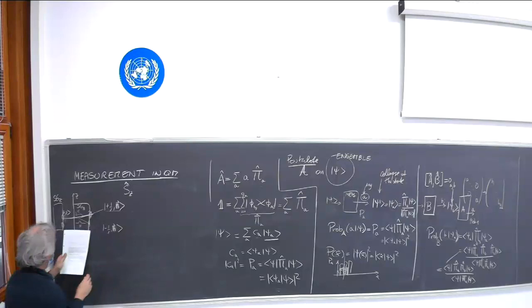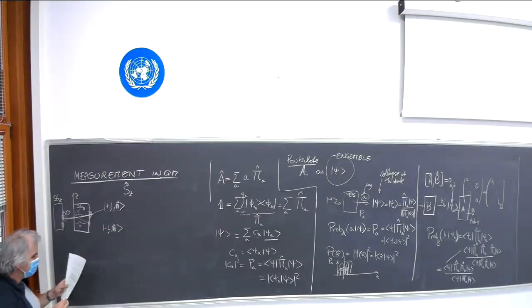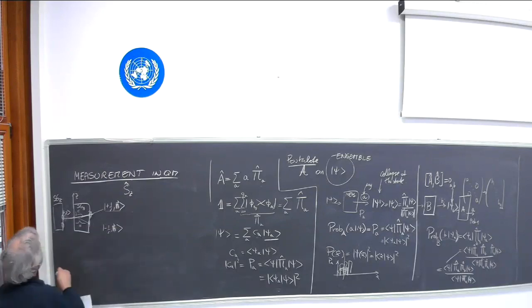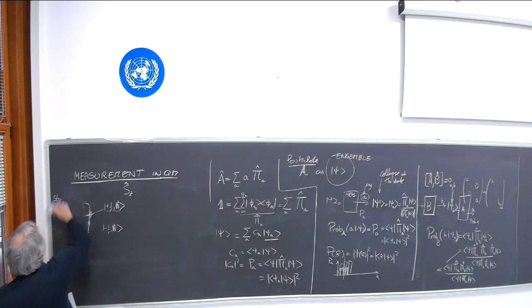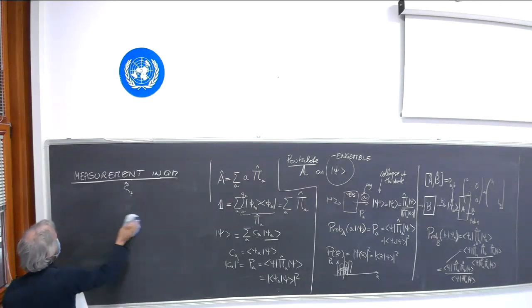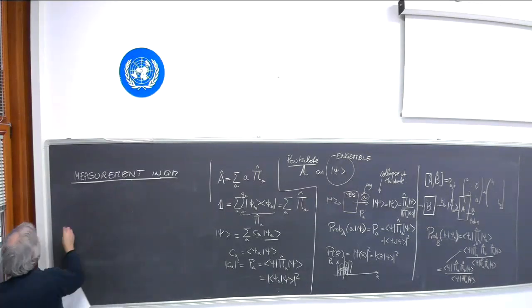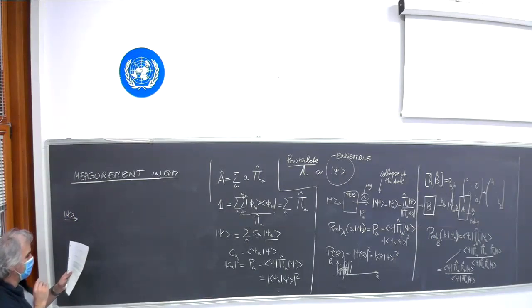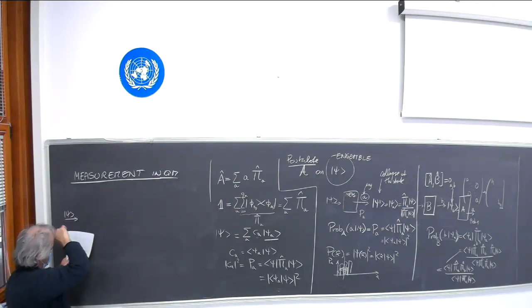So now let's play a little bit. Suppose that I prepare some state psi. I don't know what it is. It's a spin state, but I don't know exactly which state it is.